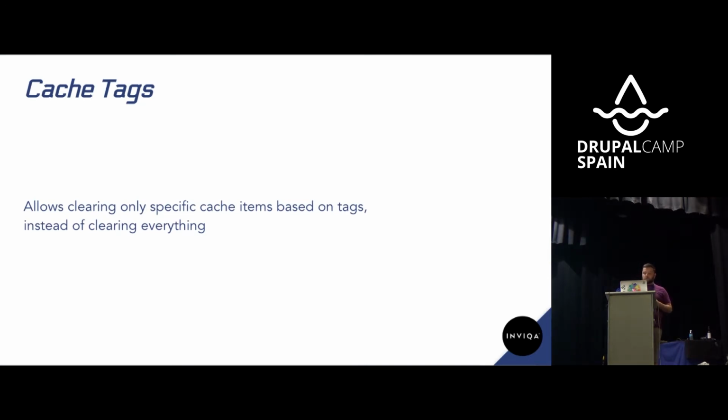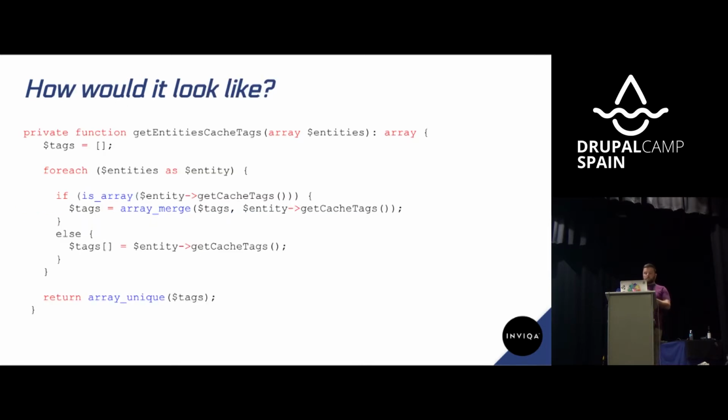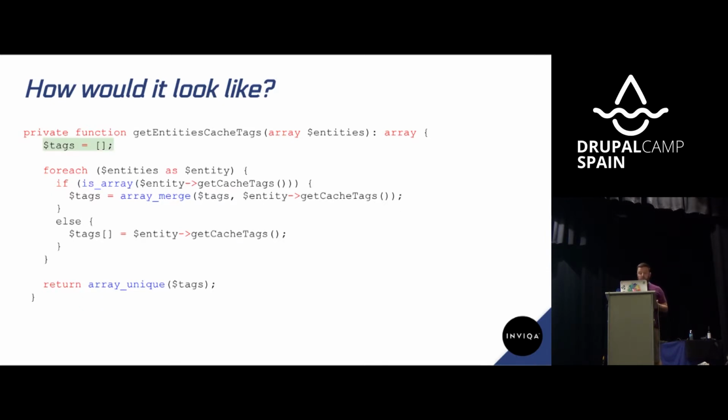So instead of clearing everything on Drupal, we could use the cache tags and associate them with our endpoint. How would this look? We would have a very similar block of code to the one that was getting last modified timers.